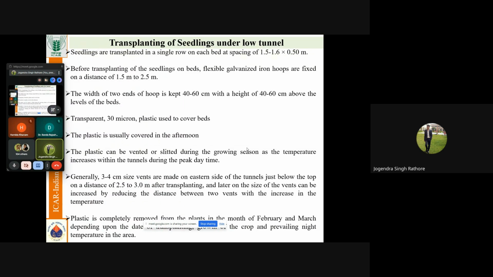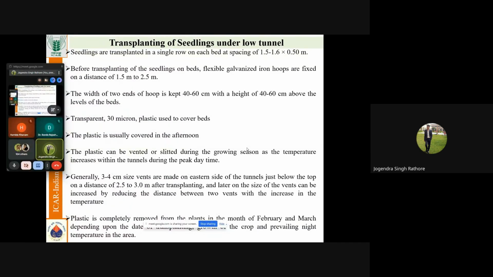Basically, 3 to 4 centimeter size vents are made at a distance of 2.5 to 3.3 meters after transplanting. And these vents, we are going to increase in diameter or number with the crop growth or with the rise in temperature.